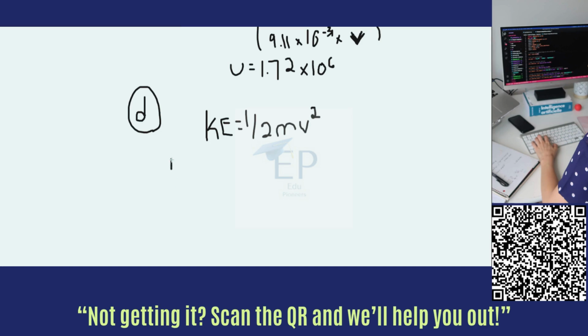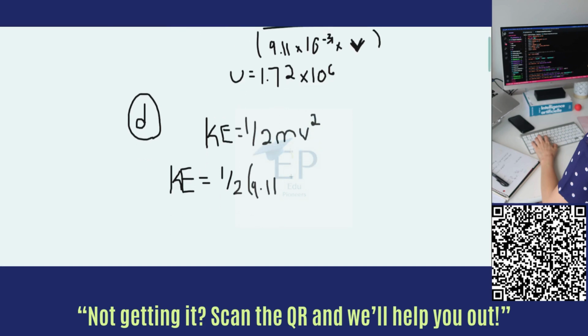So again, we're talking about electrons, so we're going to say the kinetic energy is equal to 1/2 of the mass of our electron, which is 9.11 times 10 to the negative 31st times our velocity squared, 1.72 times 10 to the 6th squared.